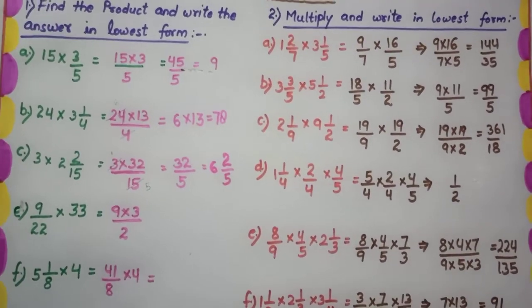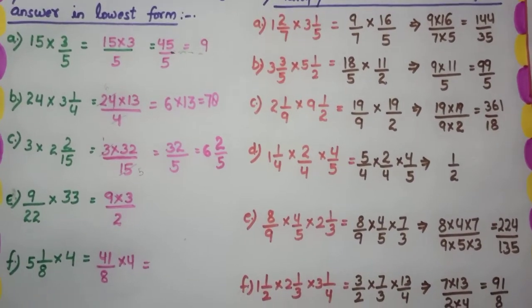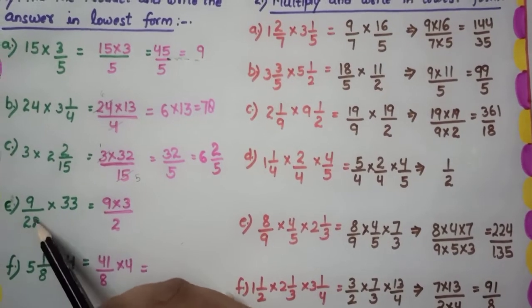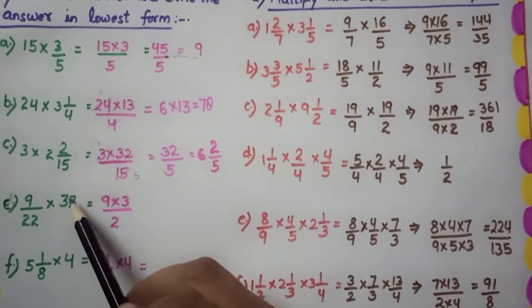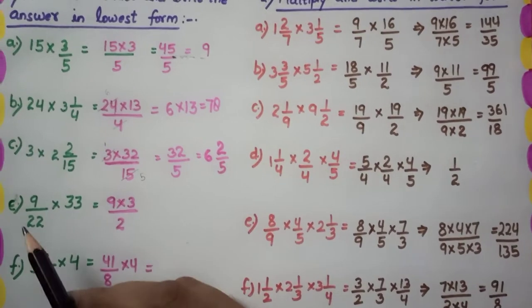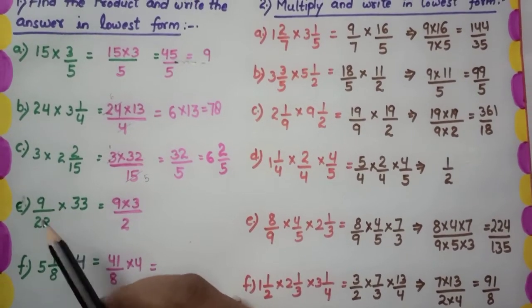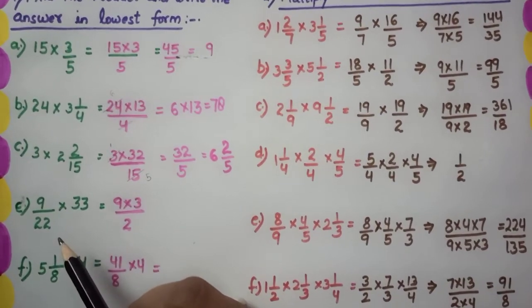Okay. Now see, in E part we can see the question is 9 upon 22 into 33. Now here students, we don't have any fraction that is in mixed fractional form, right?